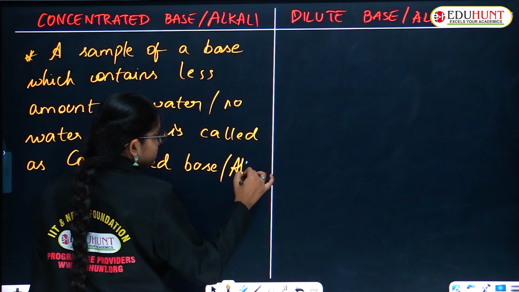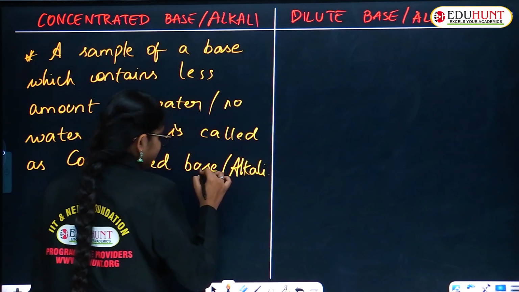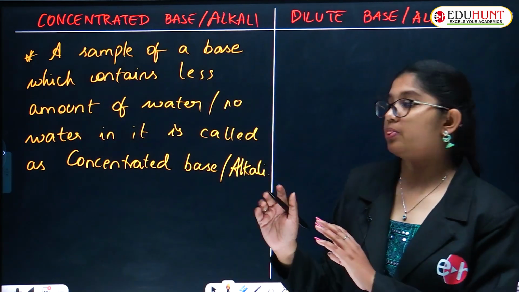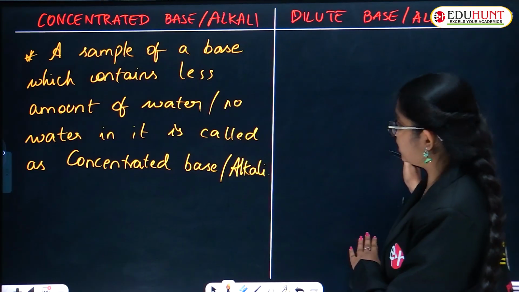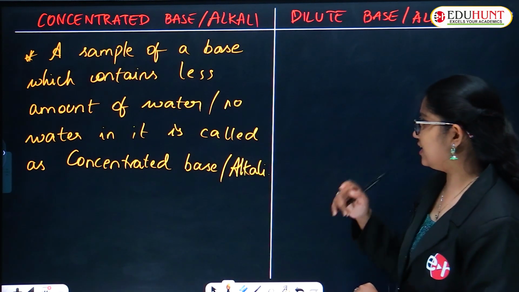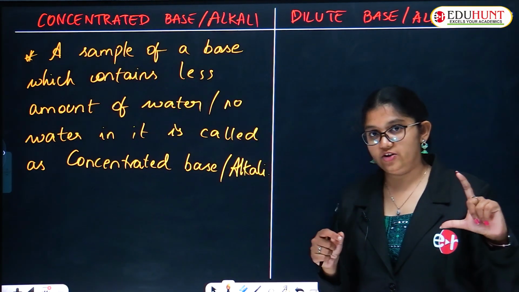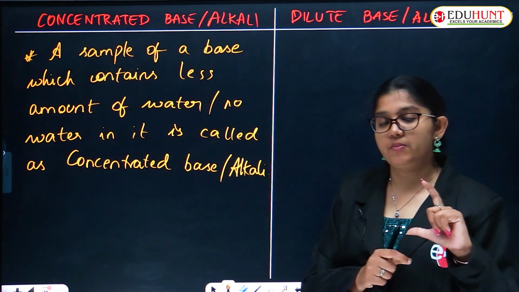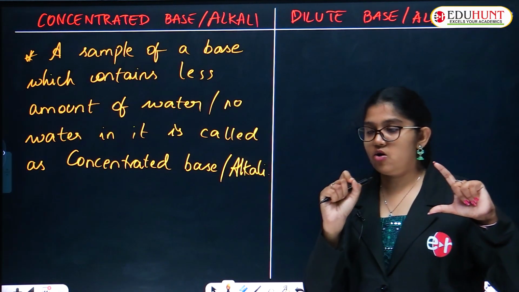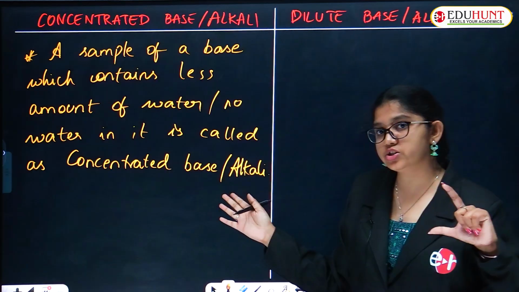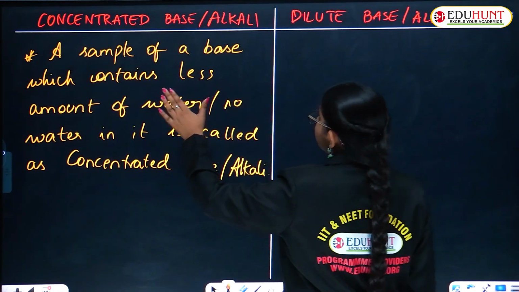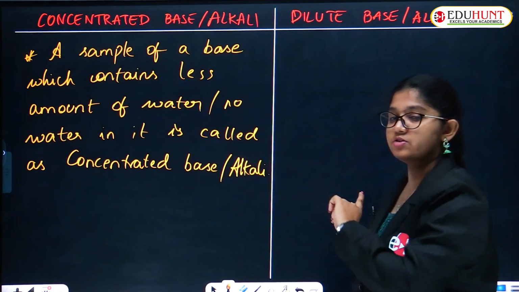Did you understand? If I gave you a sample to be tested, children, whether it is a concentrated base or concentrated alkali, or a dilute base or dilute alkali. If I gave you a beaker and asked you to test the amount of water present in it, and you observe very little water, or less water, or sometimes no water, that is called concentrated base or concentrated alkali, which means it is very pure.